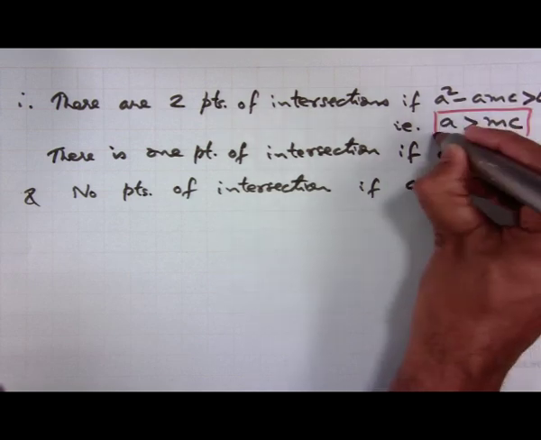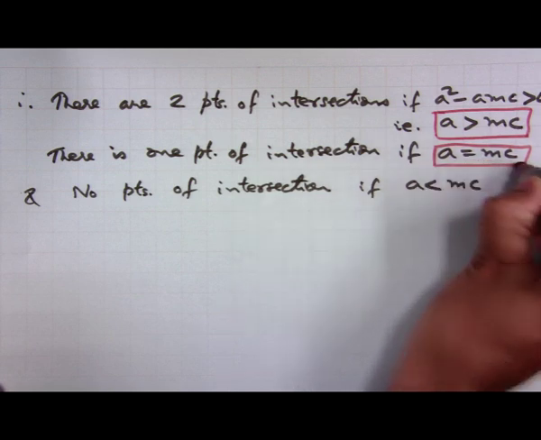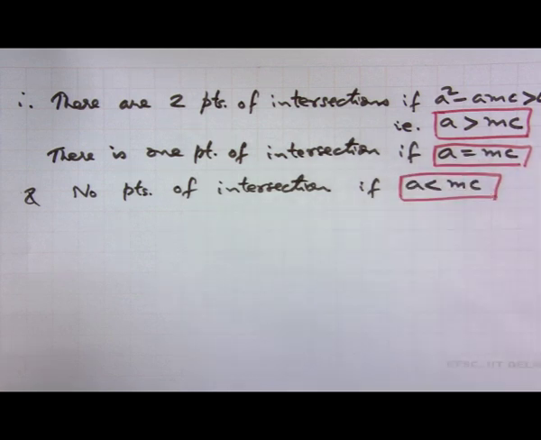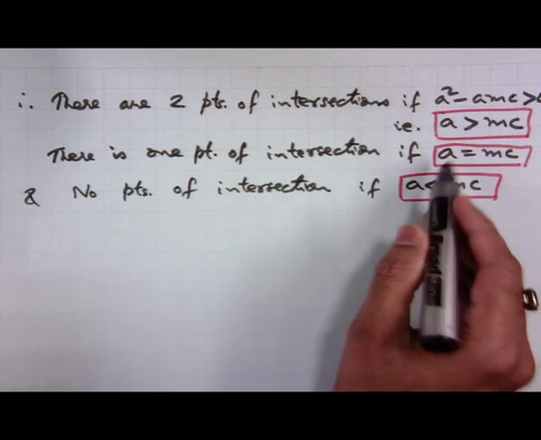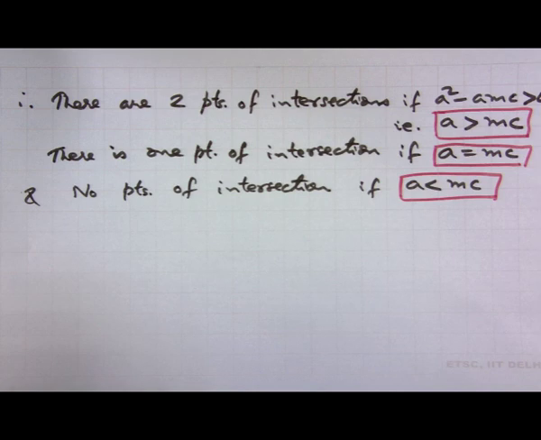If a is greater than m c, then we get two values of x. So, we get 2 points of intersection. If a is equal to m c, then we get only one point of intersection, and the line is tangent to the parabola, and if a is less than m c, then there is no point of intersection.